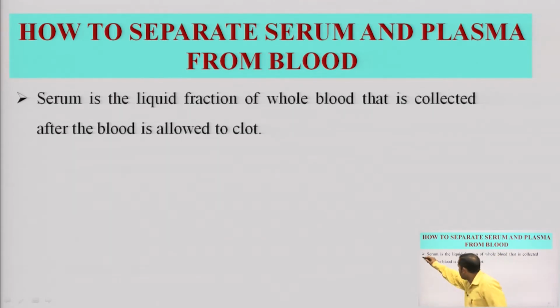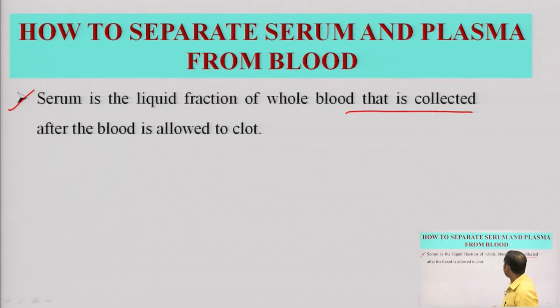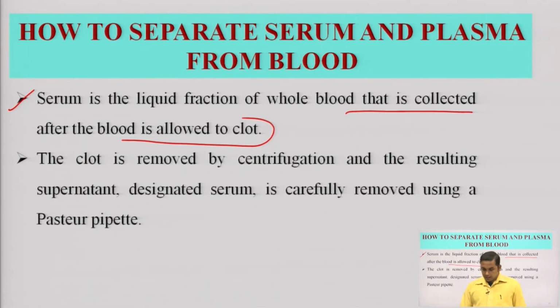Serum is the liquid fraction of whole blood that is collected after the blood is allowed to clot, and the clot is removed by centrifugation, and the resulting supernatant, designated serum, is carefully removed using a Pasteur pipette. I hope in your school days you might have done some experiment, taken some sample and done centrifugation at a certain RPM.